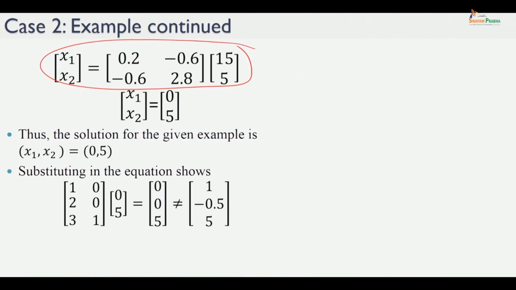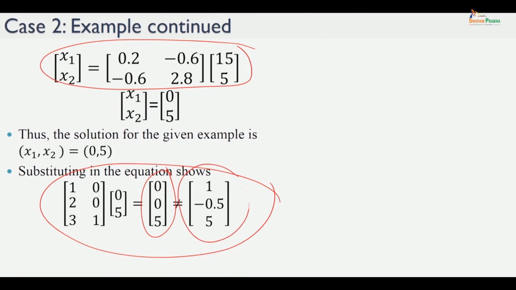Notice that the optimum solution chosen here does not have either one of the 2 cases that we talked about in the last slide, which are x1 equal to 1 and x1 equal to minus 0.25. The optimization approach chooses x1 equal to 0 and x2 equal to 5, and when you substitute it back into the equation, you get b as [0 0 5], whereas the actual b that we are interested in is [1 -0.5 5].